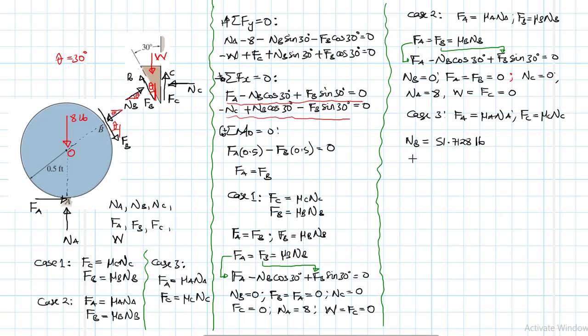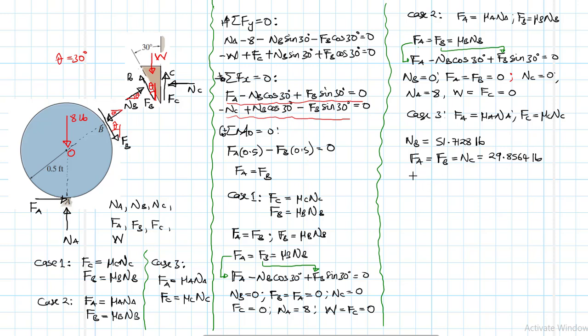That's our NB. And then we'll find that our FA, which will be equal to FB, which will be equal to NC, will be equal to 29.8564 pounds.